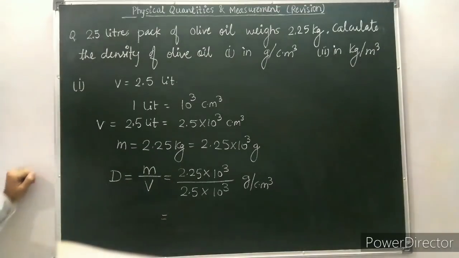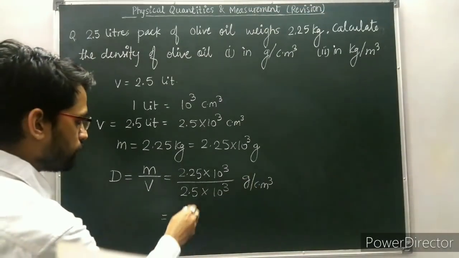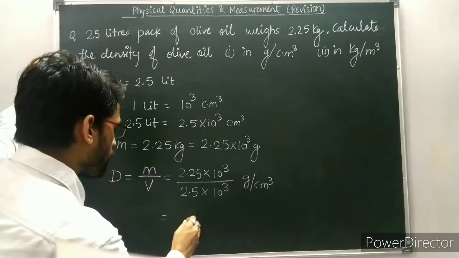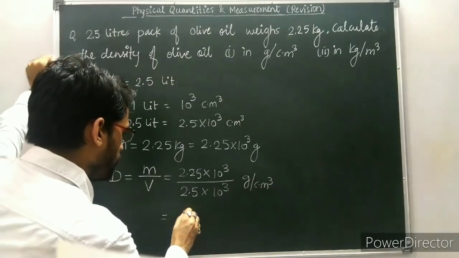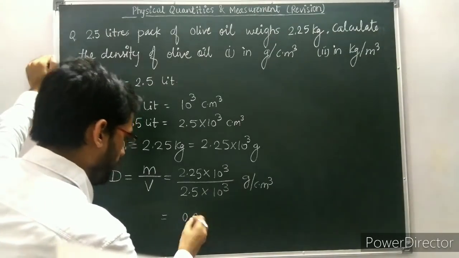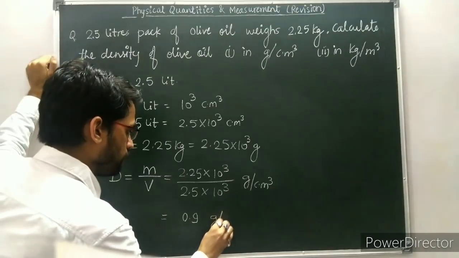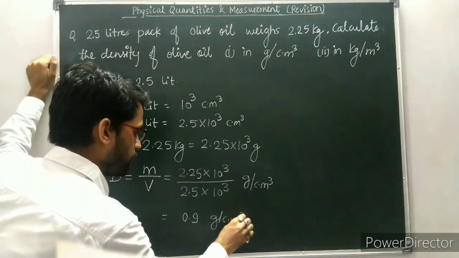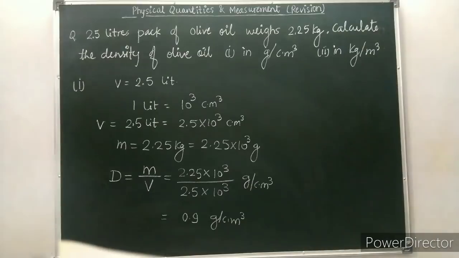When you solve it, you will get 0.9 gram per centimeter cubed.